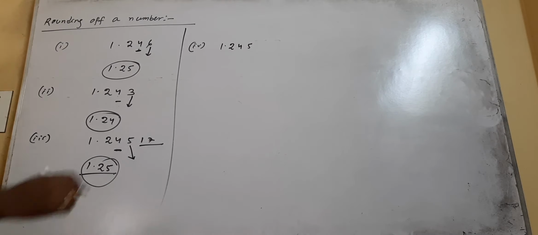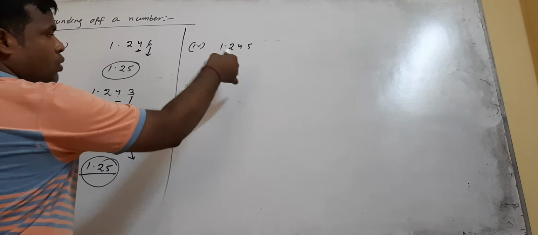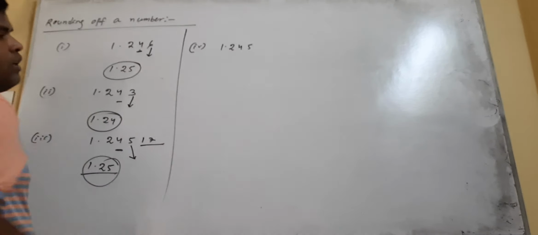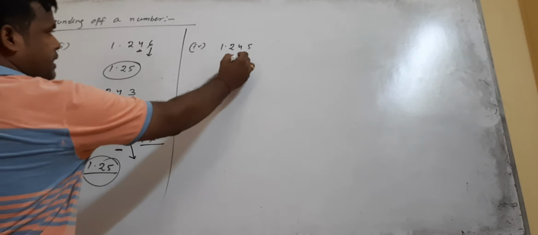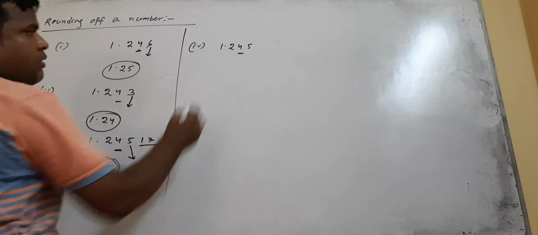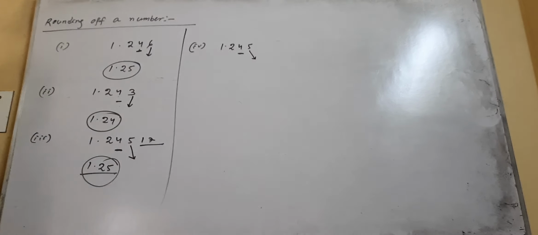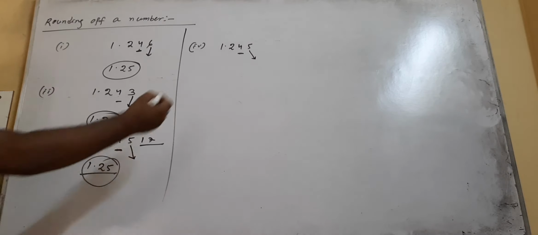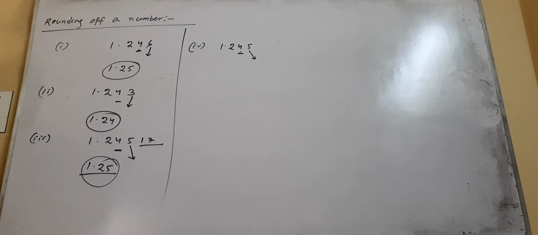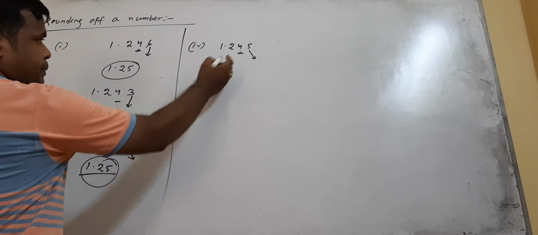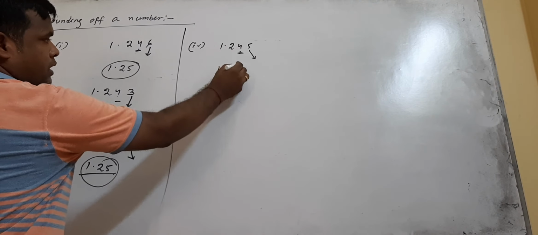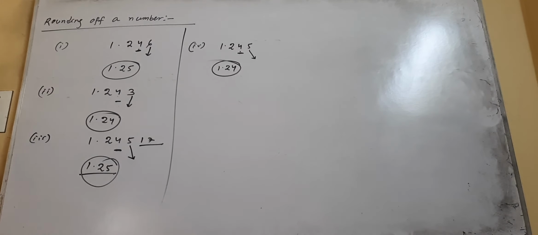You see, if the question is asked to round this number up to 3 digits means here we have to round. That means the digit to be dropped is 5. Then you have to see the preceding digit. If it is even, then remains unchanged. If it is odd, then it will be increased by 1. You see 4 is even, so the result will be 1.24.